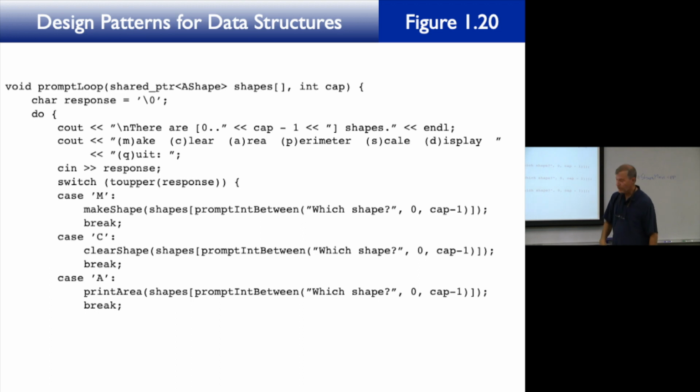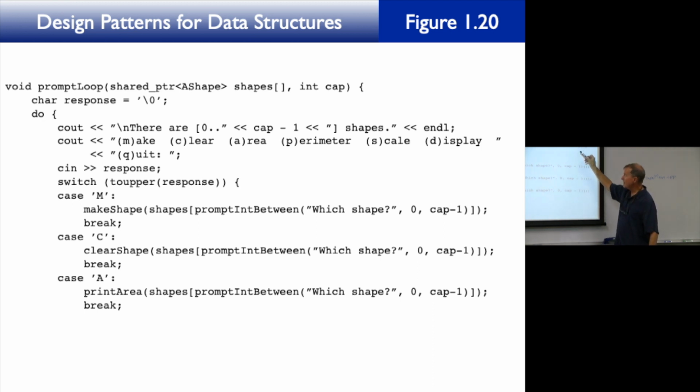Okay? So what it does is it says, first of all, we have a local variable called response, and it's a character. We just initialize it to the null character. And we say do, and then here's that prompt. There are 0 dot dot cap minus 1 shapes, so that was 0 to 4 because cap is 5, right?